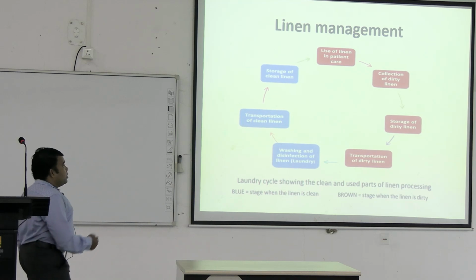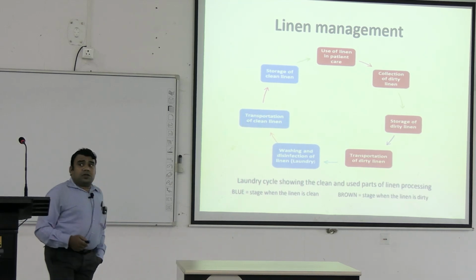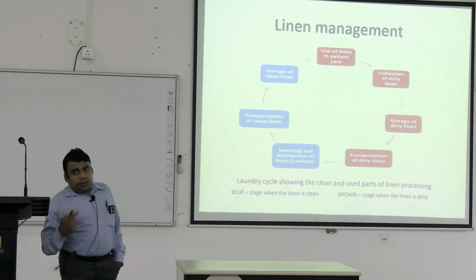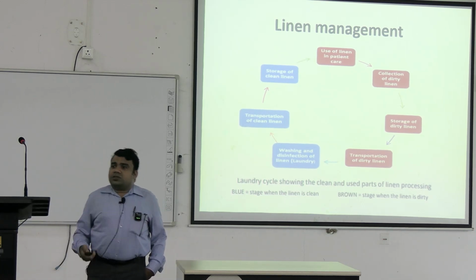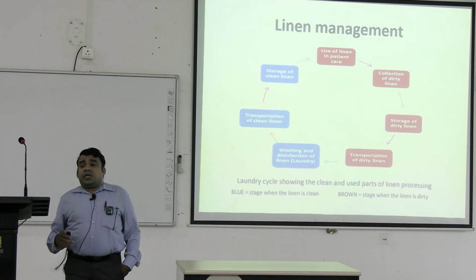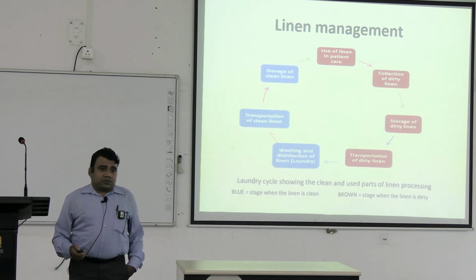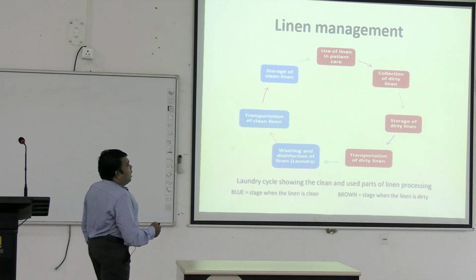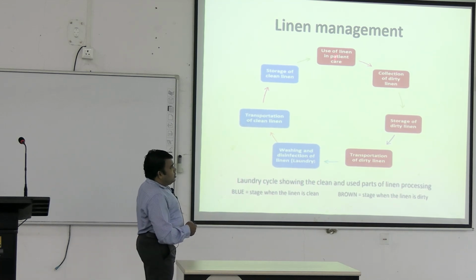Another important aspect is linen management. Whenever the patient is admitted, the patient will have bed covers and other linens or gowns the patient may be wearing. They are also exposed to these organisms. So, if you look at this cycle, what happens after the patient uses the linen?